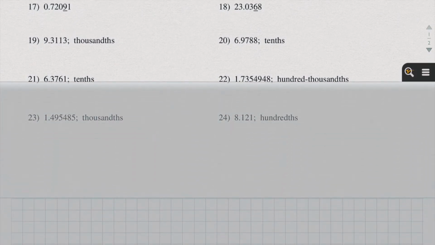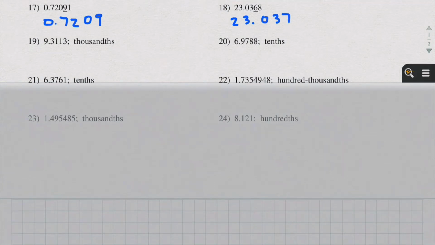Number 17. The 9 is the one we're interested in, so we look to the right. Because it's a 1, we leave the 9 where it's at. So this becomes 0.7209. Number 18. The 6 is the one we're interested in, so we look to the right, which is an 8. Because the 8 is greater than 5, we round that 6 up.